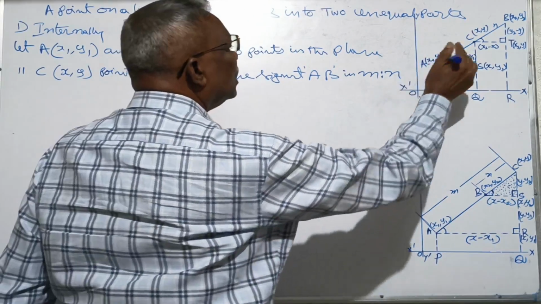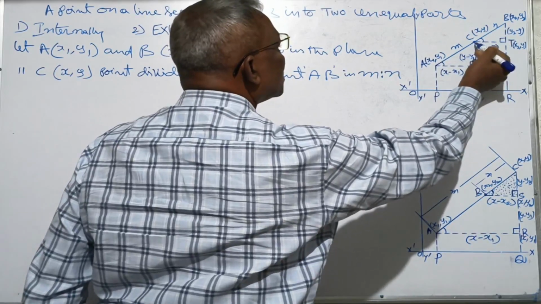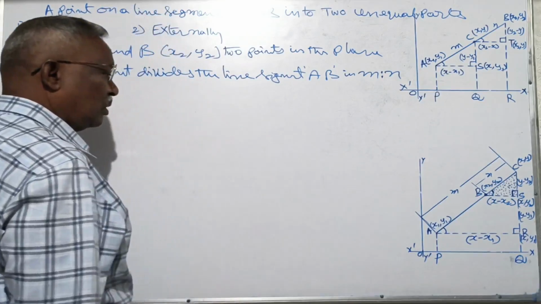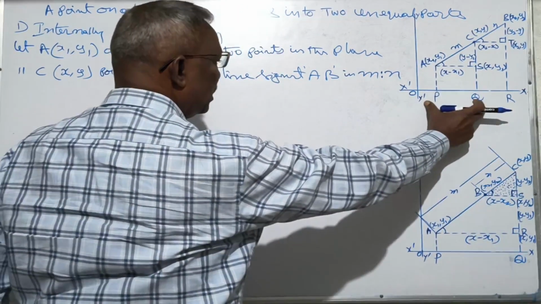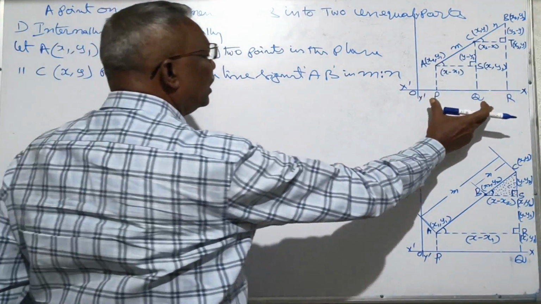If a point divides the line segment AB in the ratio m:n, we shall find that point's coordinates. Similarly here also, but this is internally and this is externally. First we will see the internal case.